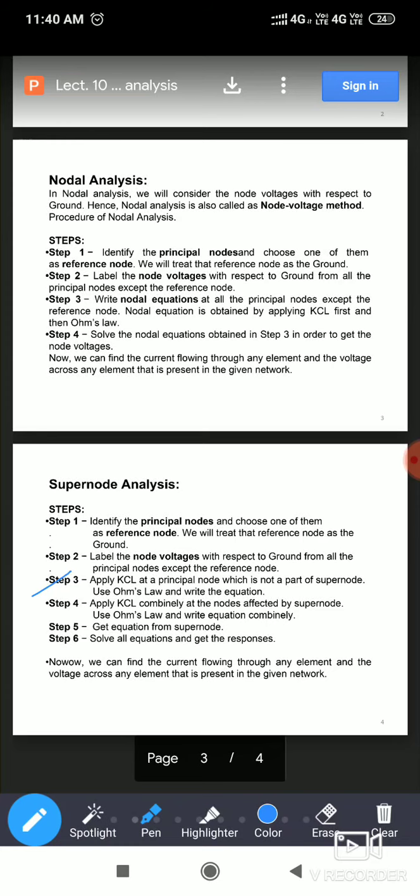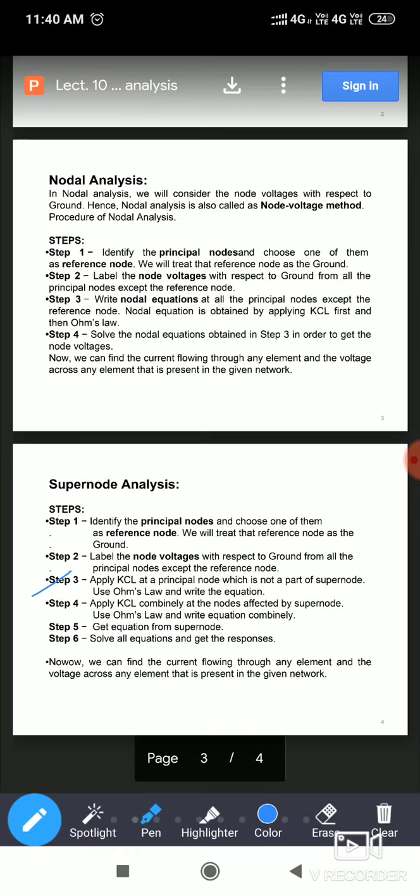Now step number 4, apply KCL combinedly. This is the new one. Apply KCL combinedly at the nodes affected by the super node. So what does that mean? Combinedly means V2 and V3, which are affected by the super node.